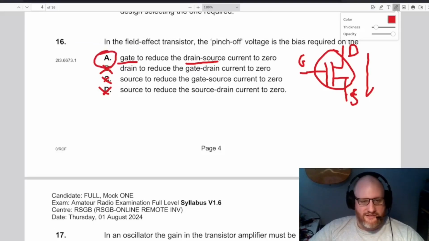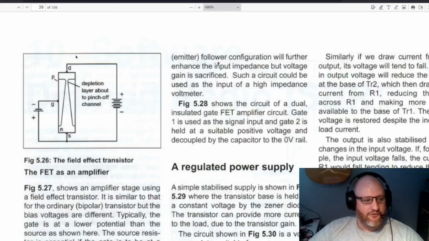Let's take a quick look at the full license manual and see what that has to say. We actually have this lovely diagram here of what looks like a depletion mode device, where we have the drain here, the source here, and a negative voltage being applied at the gate, and that's causing this P region here to enlarge.